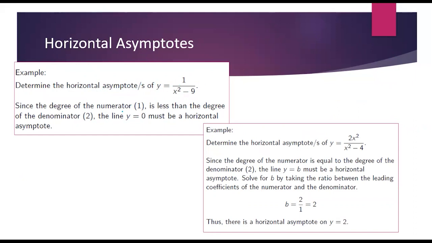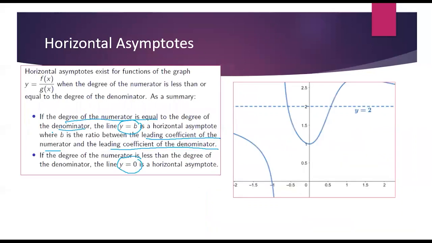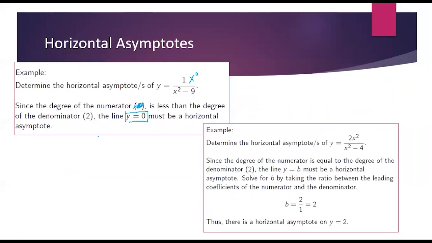Since the degree of the numerator is less than the degree of the denominator, actually here we have the degree is 0, not 1, which is less than the degree of the denominator, which is 2, then we have y is equal to 0 as our horizontal asymptote, following this particular rule, because the degree of the numerator is less than the degree of our denominator.